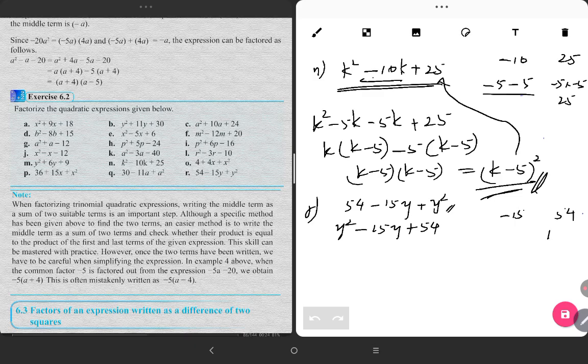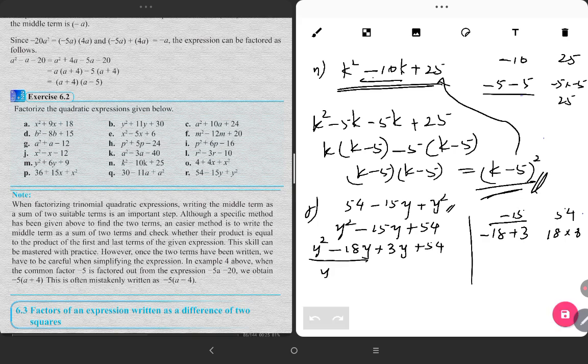Now we need to see how minus 5 comes and 54 comes, right? For example, I can see 18 times 3 is 54, but can I write it in that way? Yes, minus 18 plus 3 is minus 15. So that is how I should divide that minus 15. So I should write it as minus 8y plus 3y plus 54.